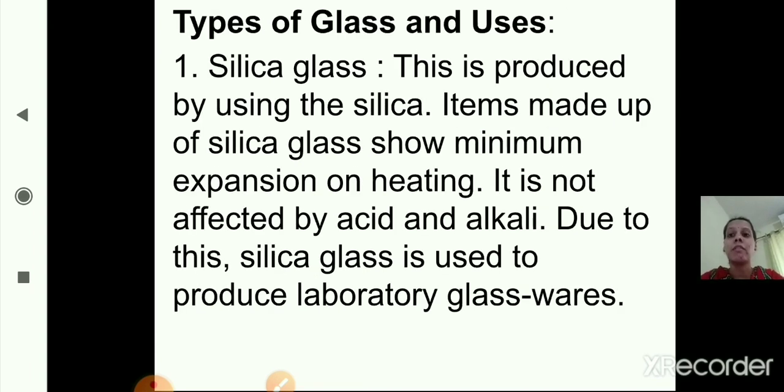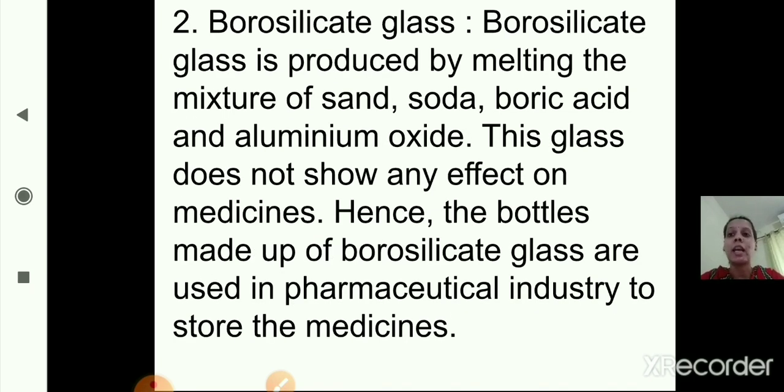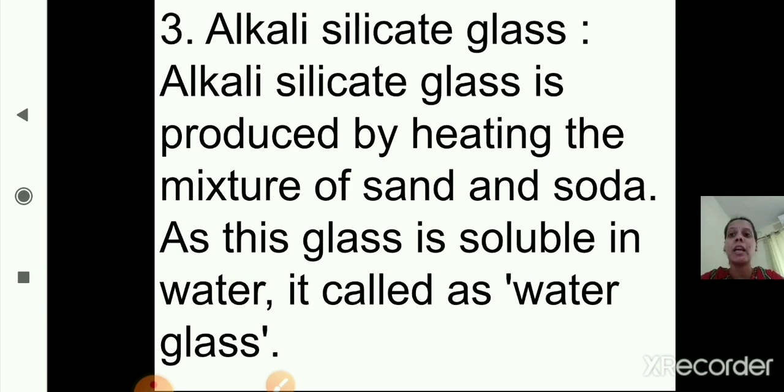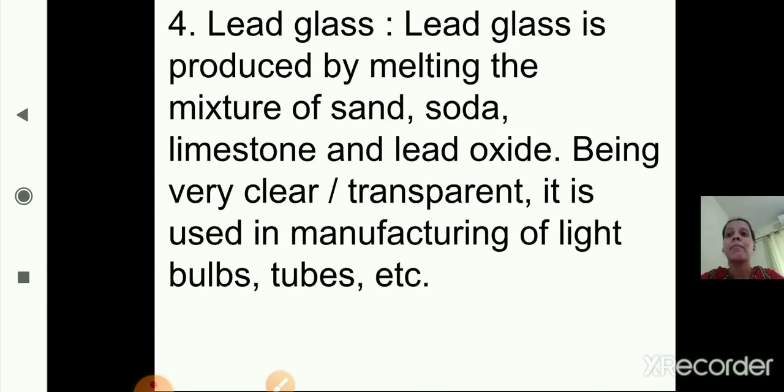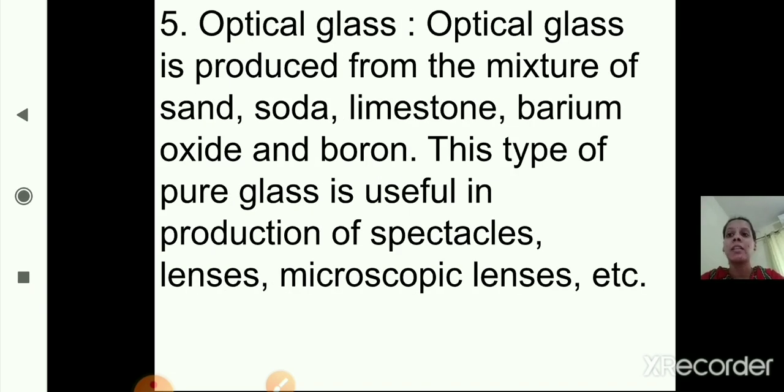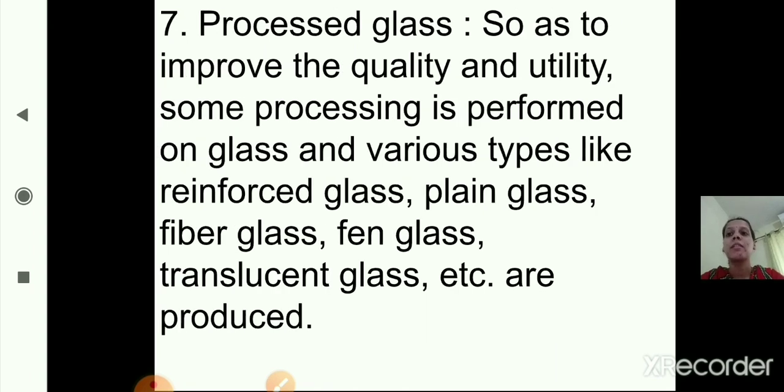So these are the seven types of glass and their uses.